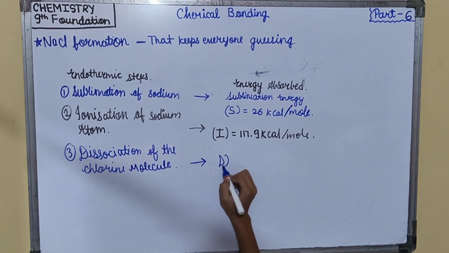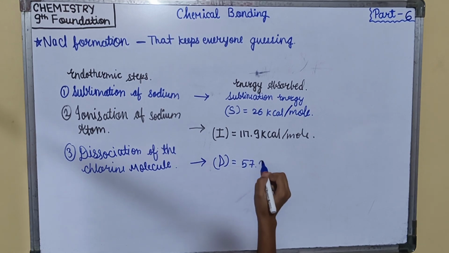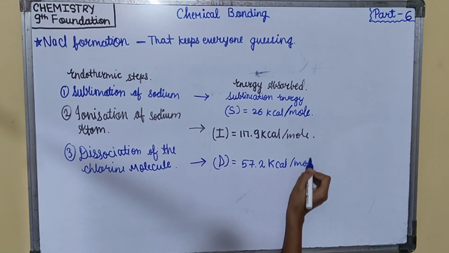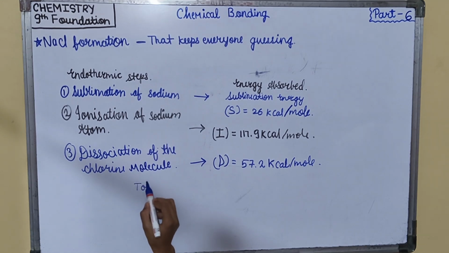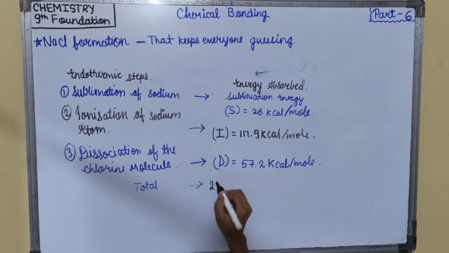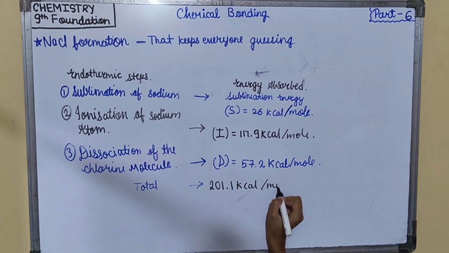Dissociation energy D is equal to 57.2 kilocalorie per mole. In total, it is 201.1 kilocalorie per mole.